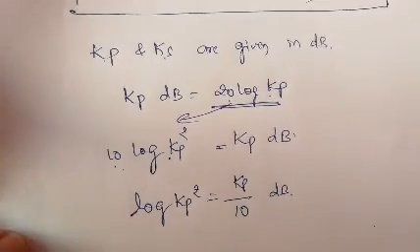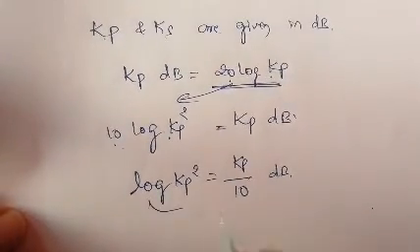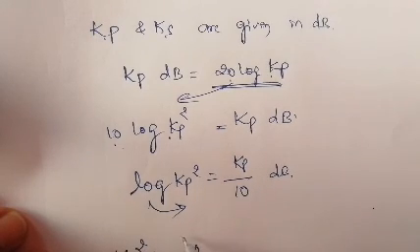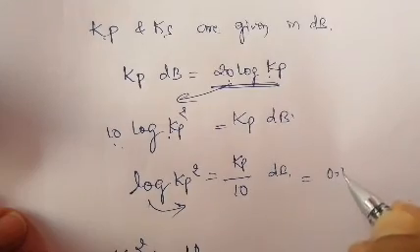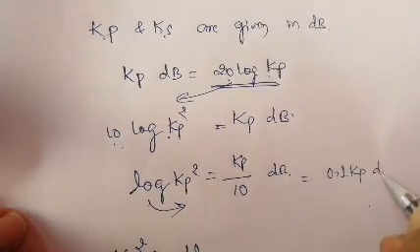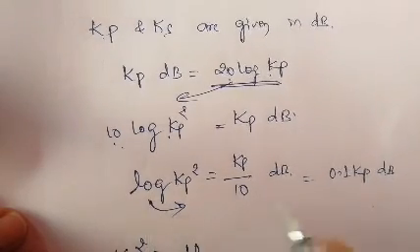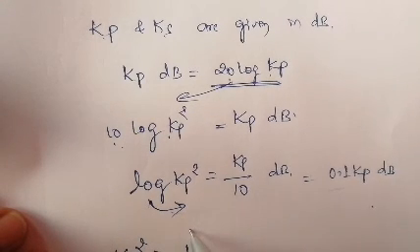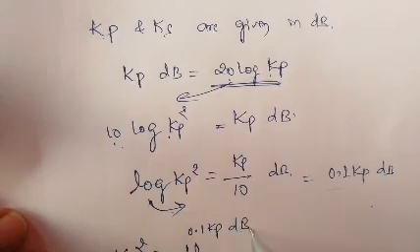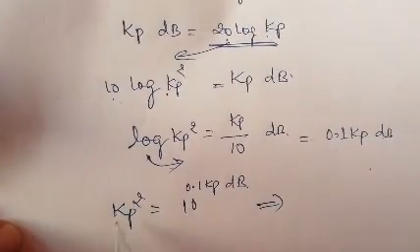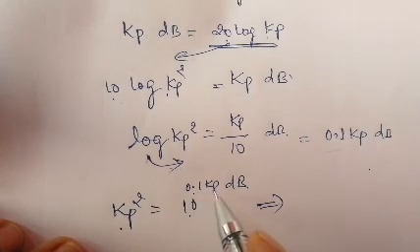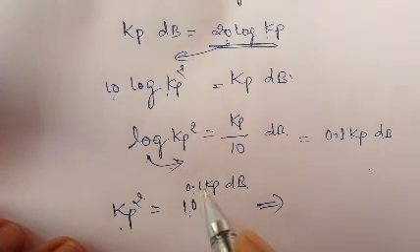Then if I take log to the other side, kp square is equal to 10 to the power 0.1 kp in dB. Correct? Kp square equal to 10 to the power 0.1 kp in dB.